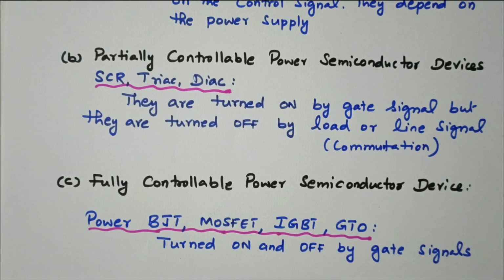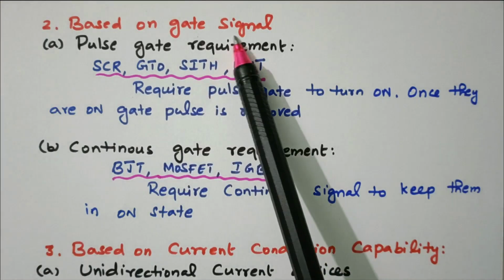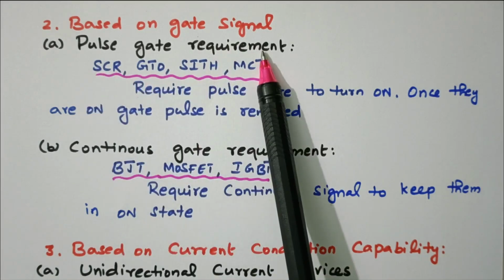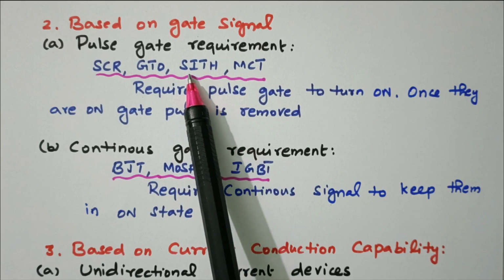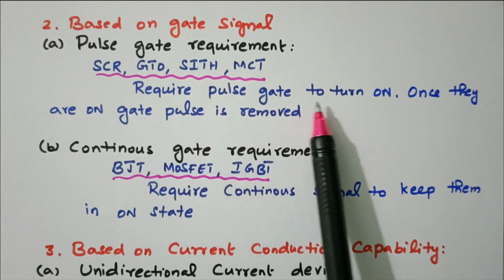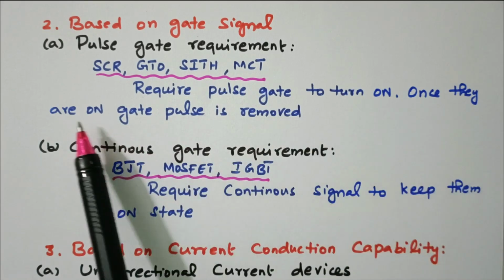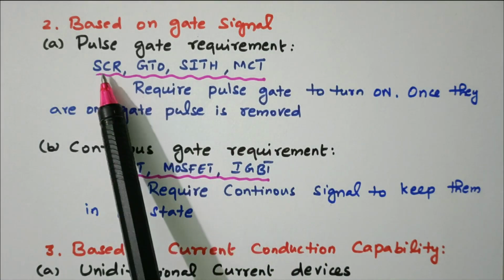Now we'll go to the next classification, based on gate signal requirement. SCR, GTO, SITH, MCT require a pulse gate to turn on. Once they are turned on, the pulse is removed. Only a pulse is enough to turn on these devices.